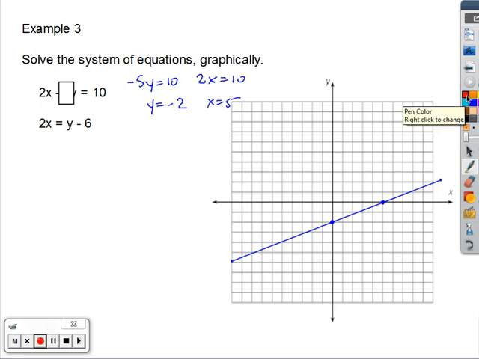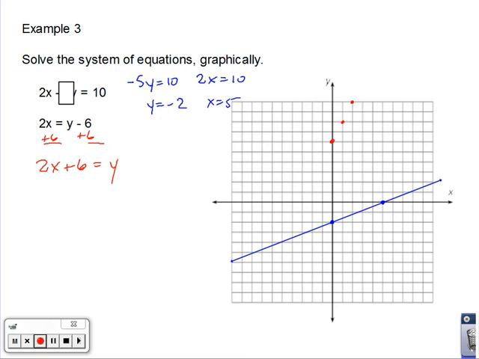And now for the second one here, I have 2x equals y minus 6. So you have some options here. You could use the intercept strategy again, but it doesn't really work as well because x and y are on the same side. Or you could just add 6 to both sides, and you'll get 2x plus 6 equals y, and we're in slope-intercept form again. So if I go up 6, 1, 2, 3, 4, 5, 6, and then my growth is up 2 over 1, draw my line.